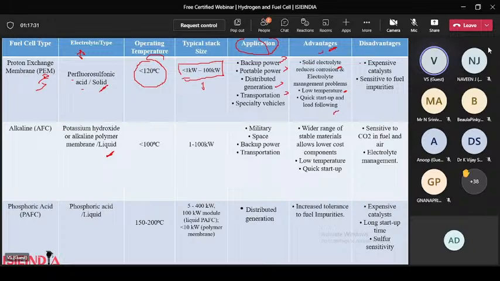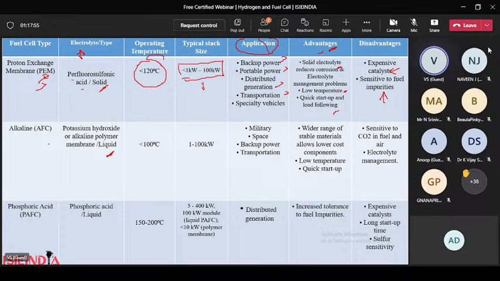These are the advantages. The disadvantages are that the catalysts are expensive, and these fuel cells are sensitive to fuel impurities. Suppose any impurities are in the fuel, like the fuel cell fuel is hydrogen, the fuel cell is sensitive towards them.